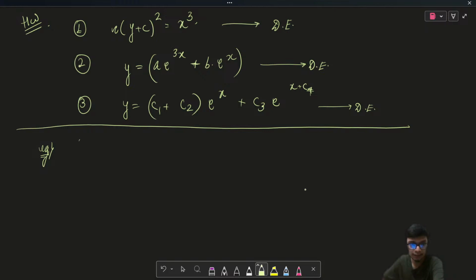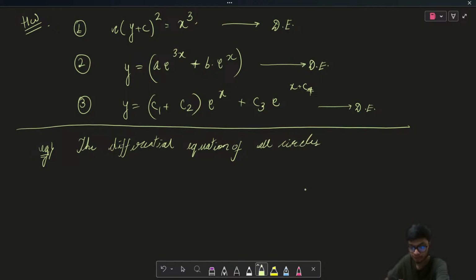So they will say: find the differential equation of all circles touching the x-axis at origin.